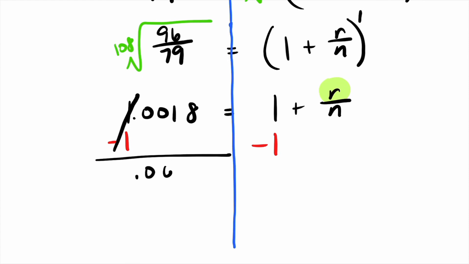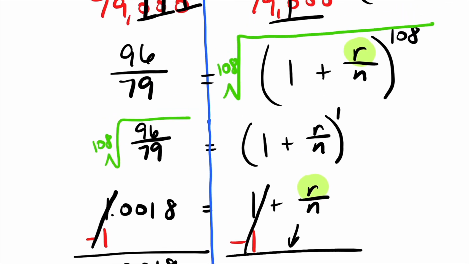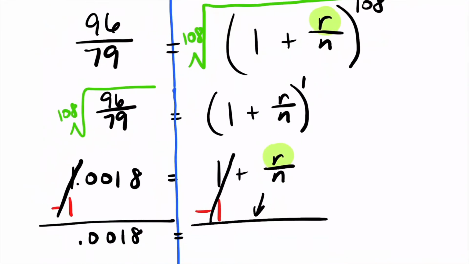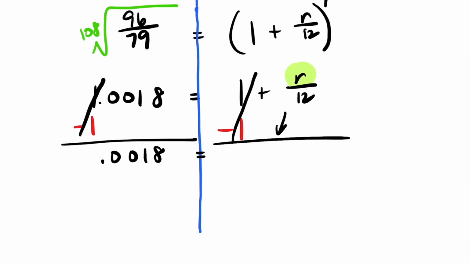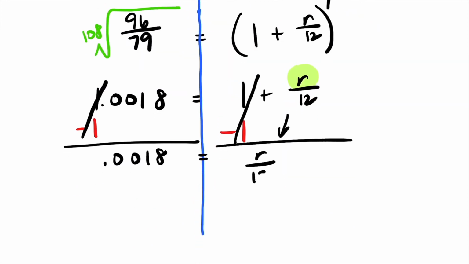So that just leaves change. Why do I keep writing N? N is 12, right? Yeah, no, I should have written 12. Sorry. So now I have R divided by 12.